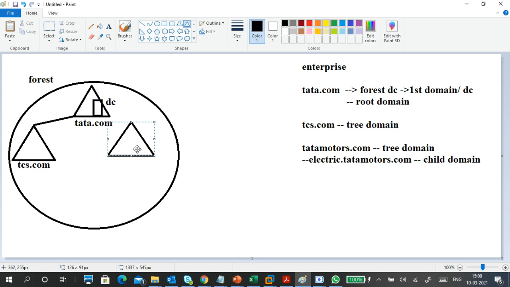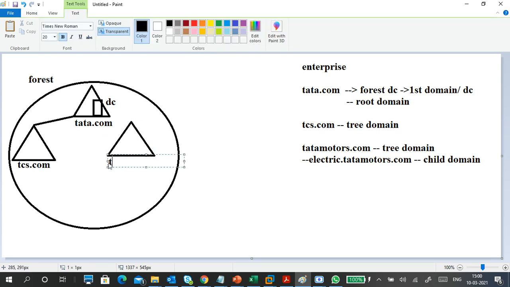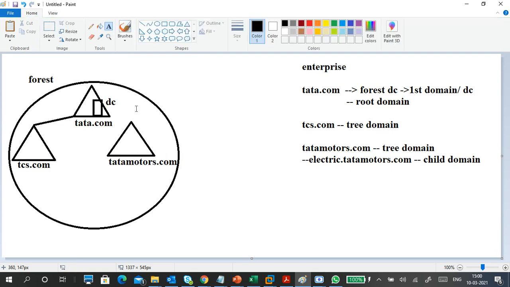So this is what I said, TataMotors.com, which is also in the same enterprise only. Everything is under one single roof. And here I have another domain which is under this one. This domain is under my forest, but this is under this one.